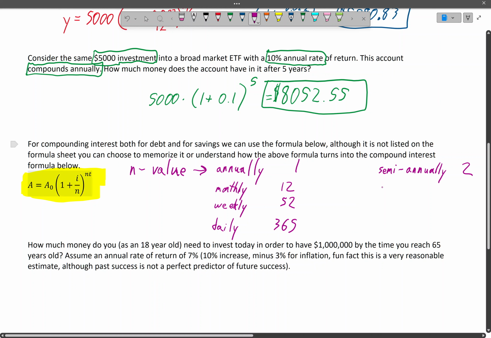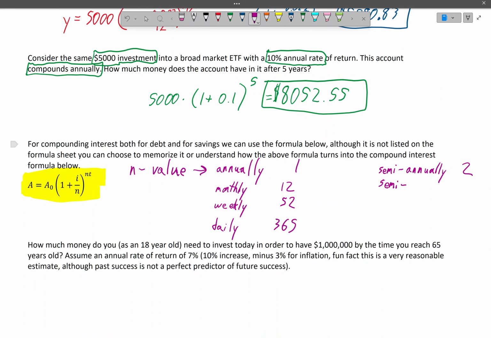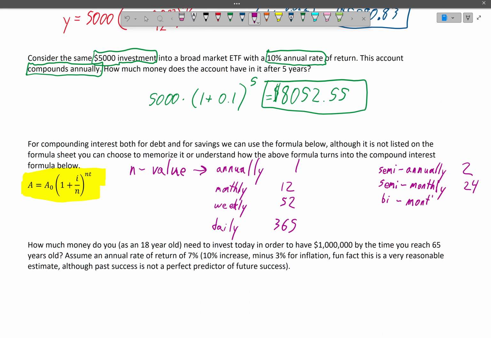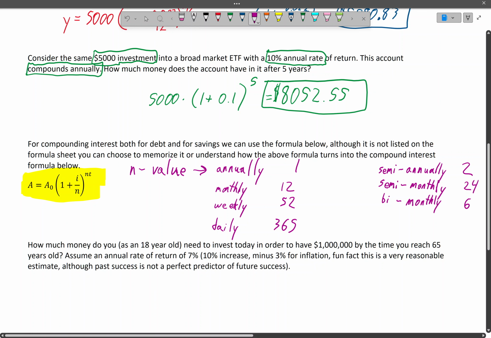There is semi-monthly, which means 2 times per month, which means 24 times per year. There is bi-monthly, which means it happens every 2 months, so 6 times per year.